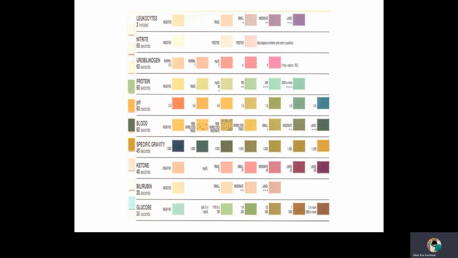So the leukocytes, the white blood cells, can be seen and the number determined, along with urobilinogen, protein, pH, blood, specific gravity, ketone, bilirubin and glucose, by comparing the various ranges or readings. That gives you the amount of protein, ketone, bilirubin, blood, pH, and protein present in the urine.